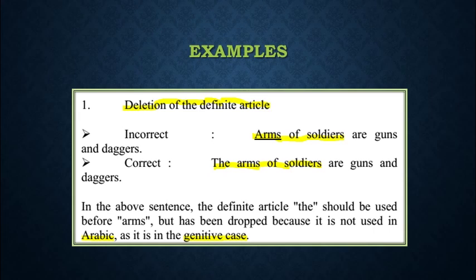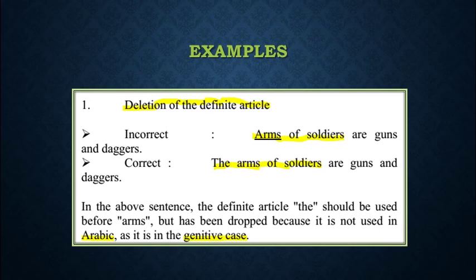We typically say كتاب أحمد. Here we have the genitive case, or the possessive case. You can say the possessive case. كتاب أحمد. We don't say الكتاب أحمد, right? We say كتاب أحمد.